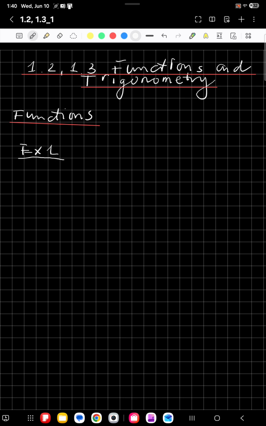And here's the function. So f of x equals 1 over x minus 1. Okay, so this is a rational function, or maybe also called reciprocal function.